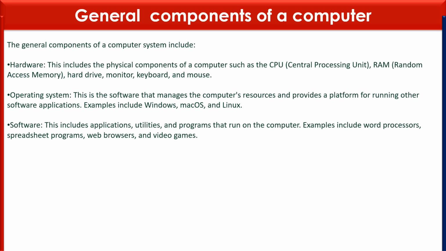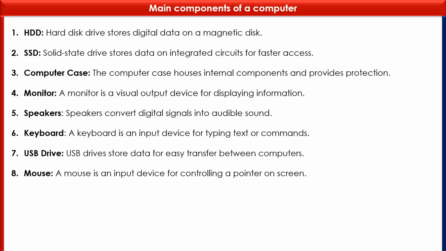Examples of web browsers under the software category are Google Chrome, Mozilla Firefox, Safari, Microsoft Edge, and Internet Explorer. We also have video games as one of the software applications. Then these main components of a computer are also highlighted in this slide, more than what we have discussed in the previous one. Take a look and try to understand more.